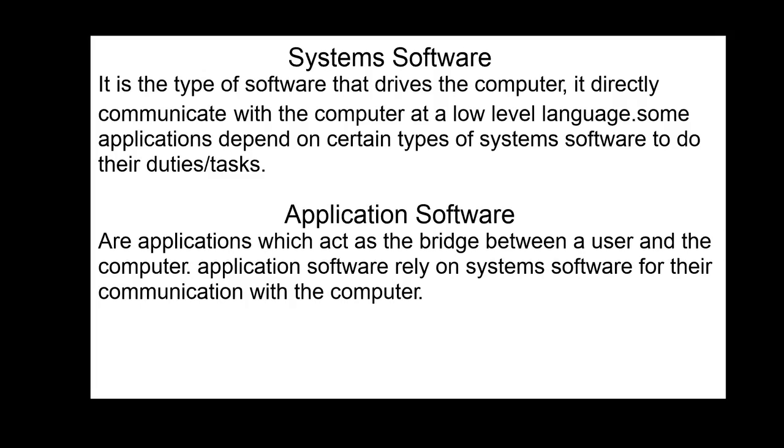So we have application software as the second component of the software part of the computer. Application software are basically the bridge between the computer user and the computer. So the set of instructions inside the application software are basically relayed or are converted to a set of instructions for the computer to execute by the system software.